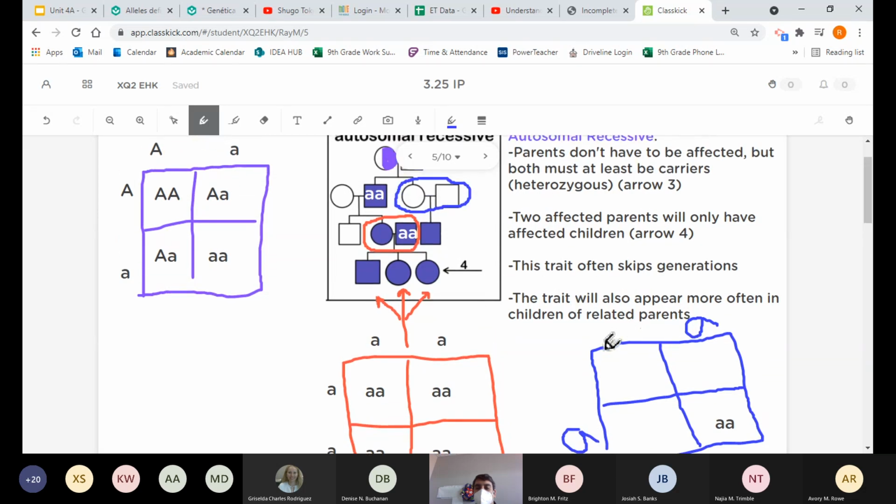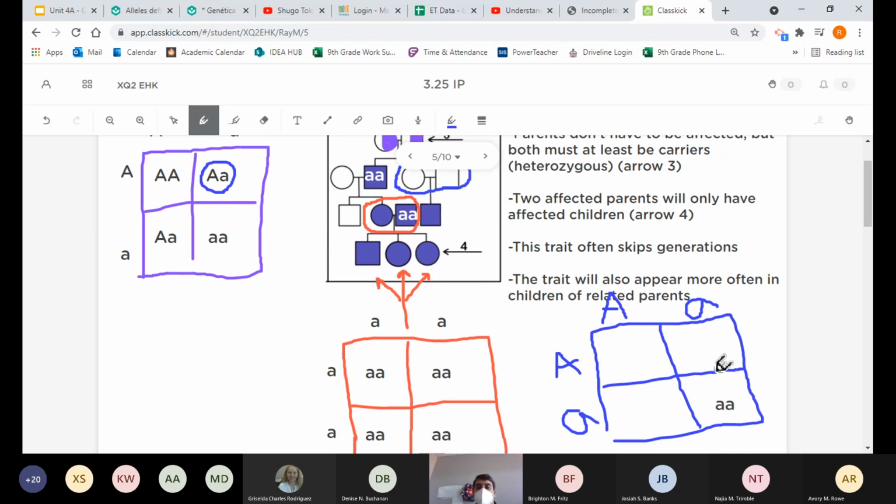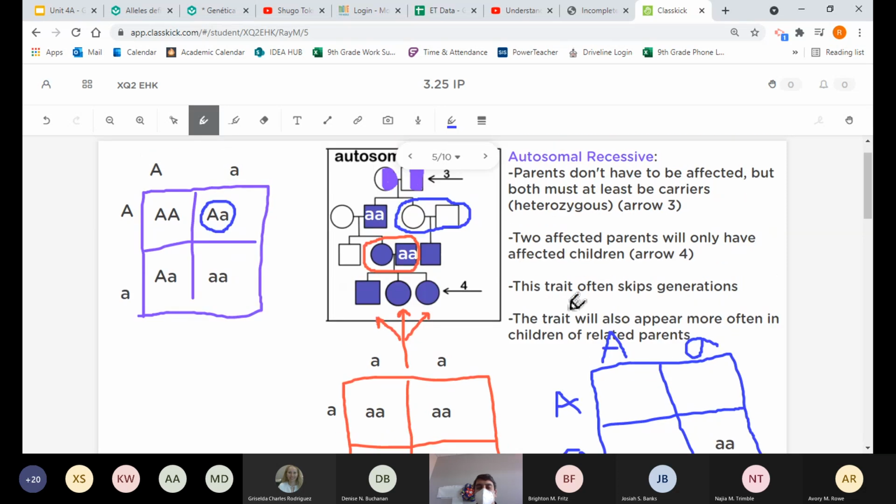Because they're both unaffected, you would say that they are heterozygotes, which makes sense because we saw that right there. And there you go. You have the possibility of having the kid homozygous recessive.